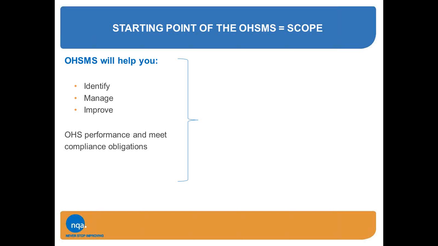So, the starting point of the occupational health and safety management system is fundamentally the scope. What we need to do is look at what we need to manage, identify the risks and opportunities within that process, look at what we can do to improve that, take control, risk reduction measures, etc., giving us ongoing improvement and risk reduction.